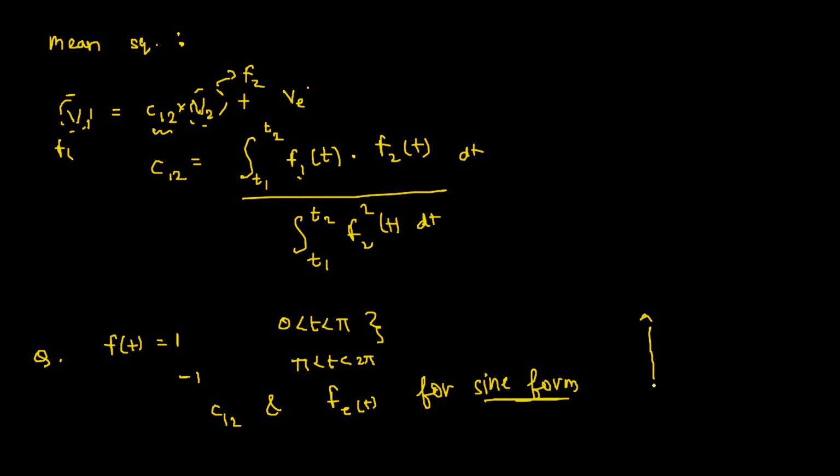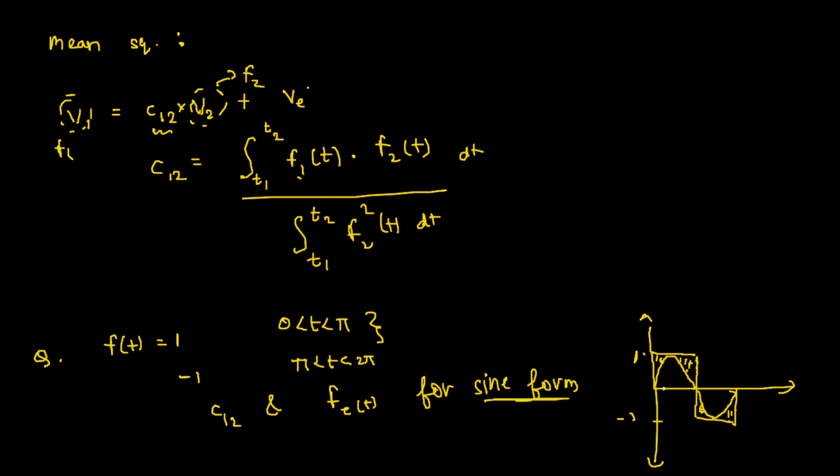To give a more visual idea, let's say this particular graph is 1 from 0 to pi, and from pi to 2 pi it's minus 1, right? The sine graph basically oscillates between these points. You can see there are a few parts of the graph which are left out.